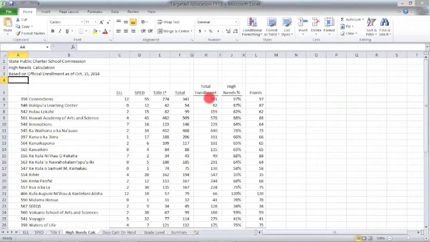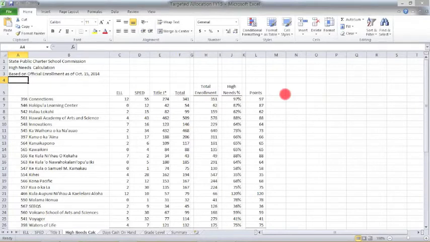What happens is we take the total count of the high needs population as a proportion of the total enrollment for the school, and we come up with a percentage of this high needs population. That percentage then becomes the point value for the school for this high needs population.